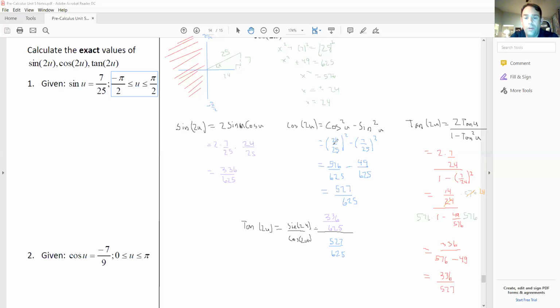But for this video, I'm going to use the tangent formula just so we get practice at it. That way, in case I ever ask you to find sine without actually doing sine and cosine, you'll know how it works. So 336 over 527. So there's that way as well if you wanted to do sine 2 theta.